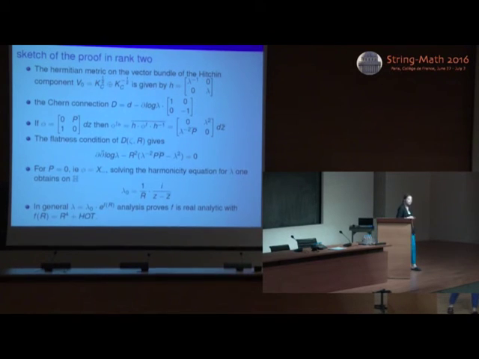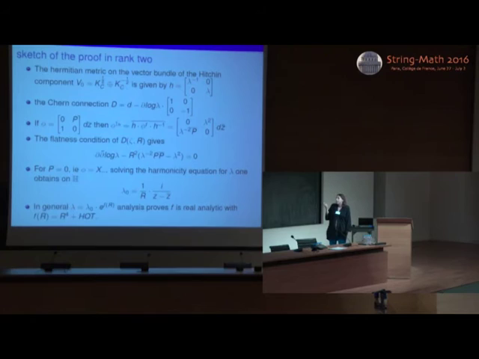In rank 2, it's important to observe that the canonical bundle has a canonical metric that comes from the downstairs curve C. In particular, the Hermitian metric that is induced on a vector bundle, that is a split bundle between half canonical and half anti-canonical, is given by the conformal metric.